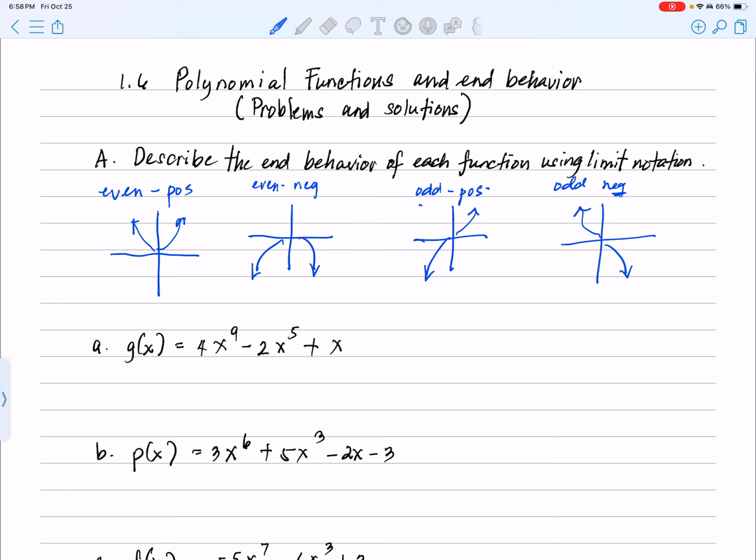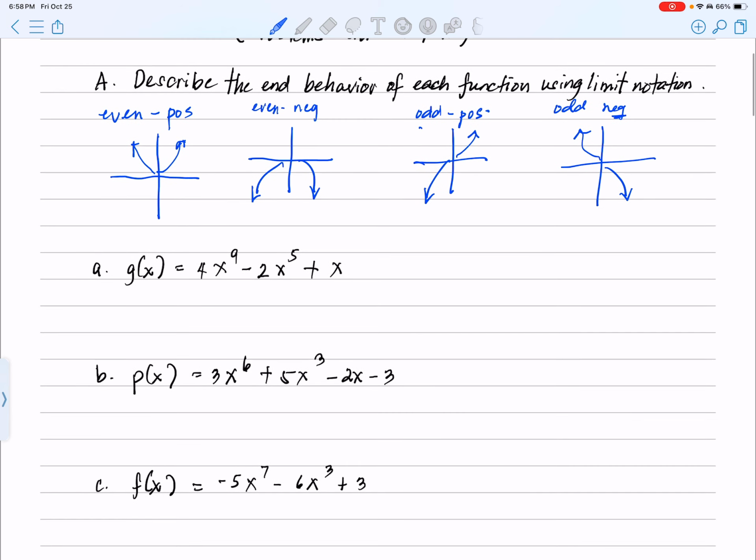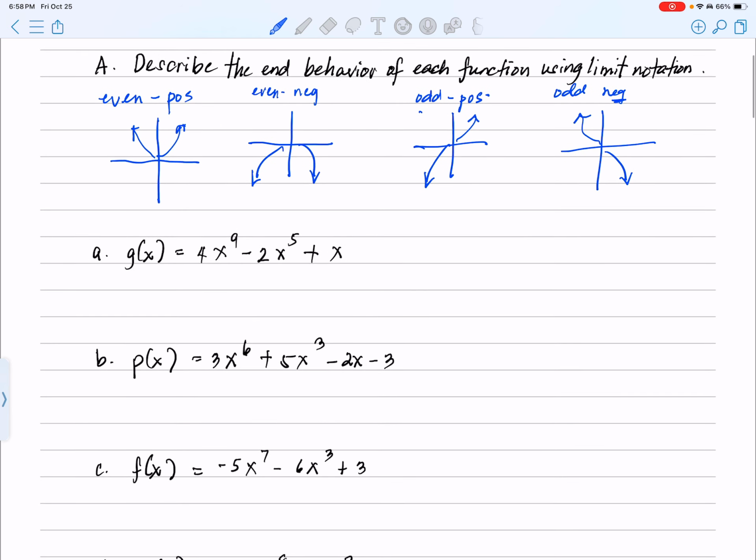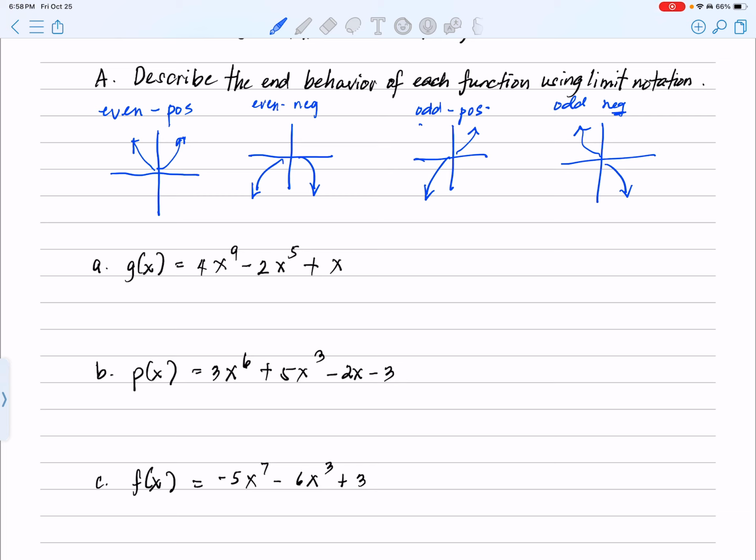The first question is, when you have g of x equals 4x to the power of 9, minus 2x to the fifth, plus x. Let's look at the leading term.